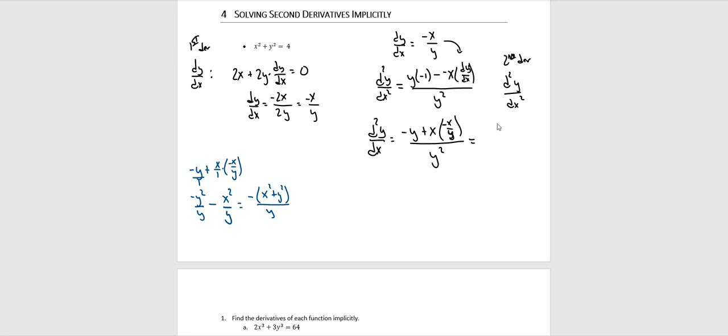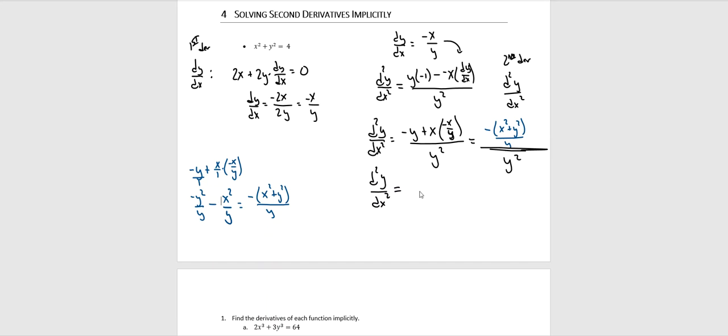Our new numerator is minus x squared plus y squared over y, and that's all divided by a y squared, which gives us a final answer of d squared y dx squared.